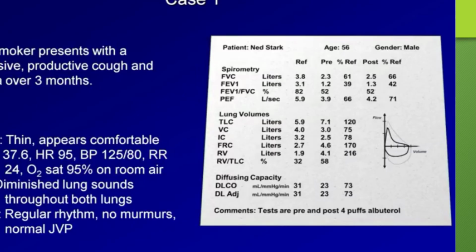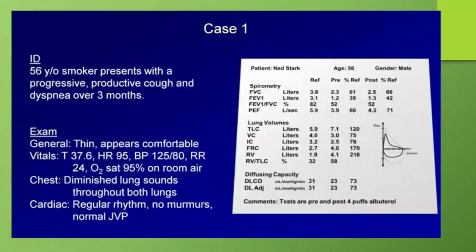Then we look at the total lung capacity, which is normal. So it is almost in favor of obstructive lung disease. And in the flow volume loop, you can see a scooping pattern is very prominent. So it is a case of obstructive lung disease.